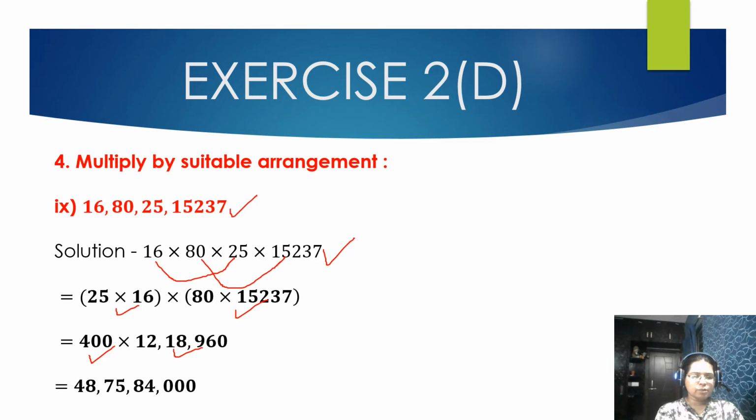Now 400 multiplied by 12 lakhs 18,960 equal to 48 crore 75 lakhs 84,000. So we get 16 multiplied by 80 multiplied by 25 multiplied by 15,237 equal to 48 crores 75 lakhs 84,000.